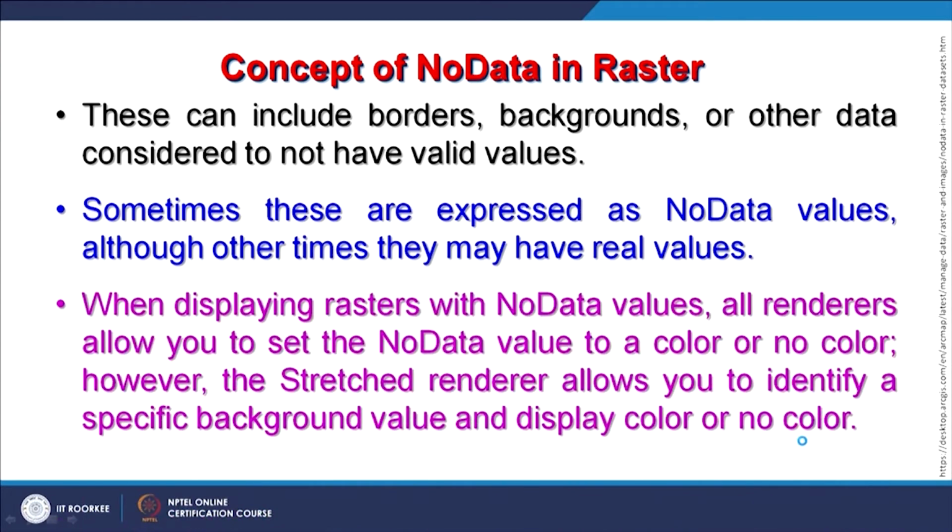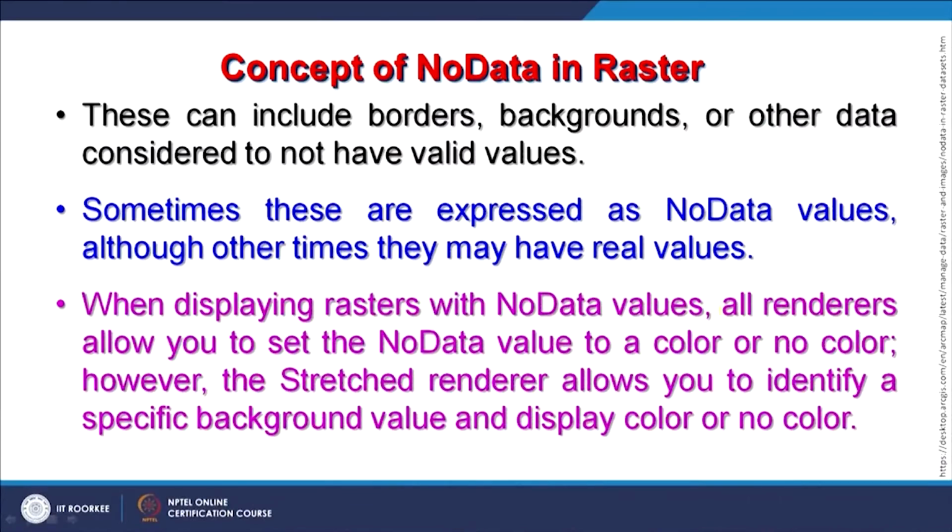In early GIS systems, when no data handling capability was not there or was not implemented, we had great difficulties with areas outside, and we used to handle this data in a completely different way. When we display a raster with no data values, sometimes the software automatically assigns no data a color, or basically assigns no color.